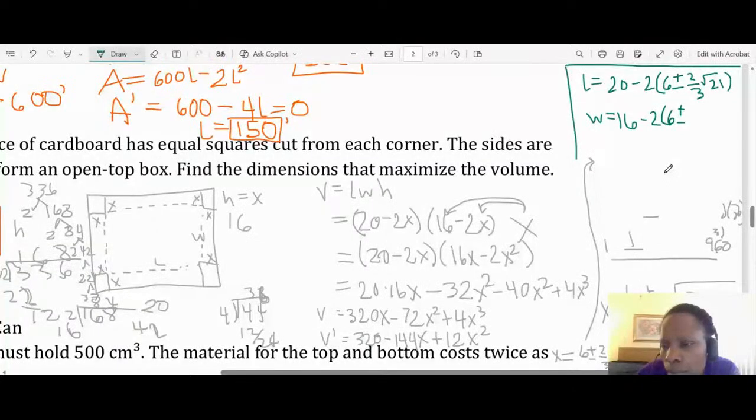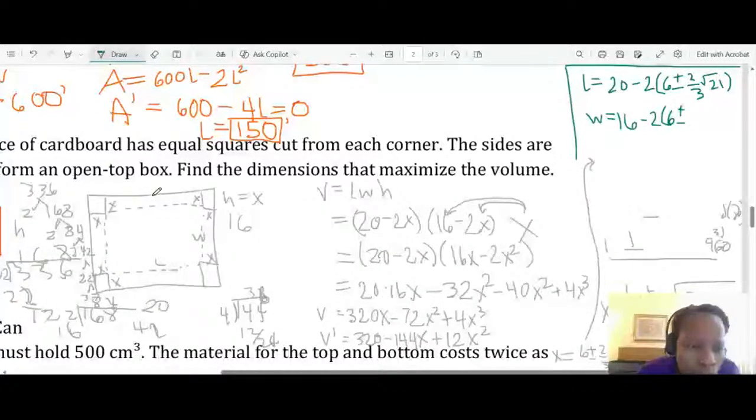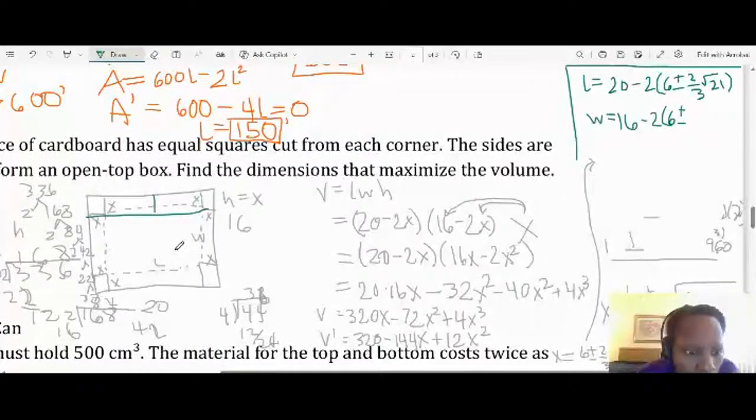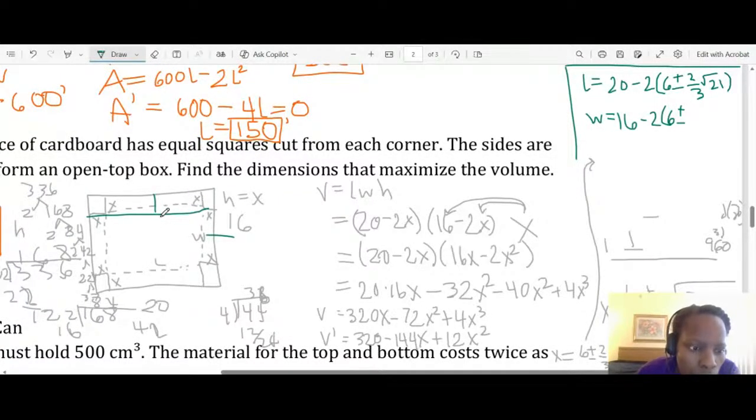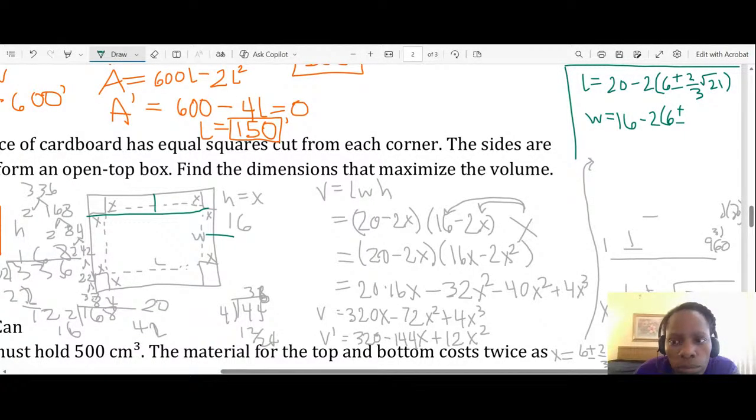Now, we can make more sense, right? Because half of 20 is 10, if it's somewhere around 10, we know that that's not right. If it's going to make x close to 10 or close to 8, then yeah, no, we're not going to do that. Does that make sense? We don't want it to be close to 10 or 8.